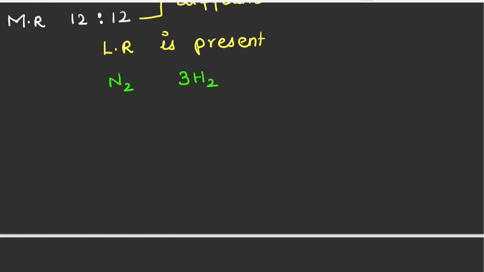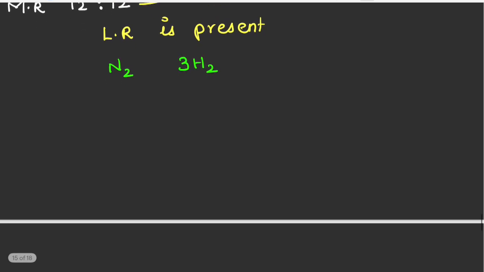First step, you have to write the number of moles. N is called number of moles. For nitrogen it is given in the question as 12, and for hydrogen also 12.